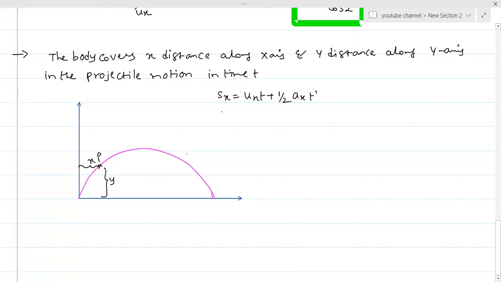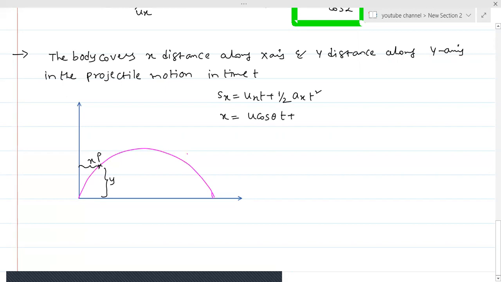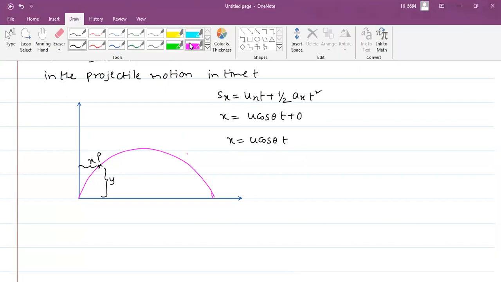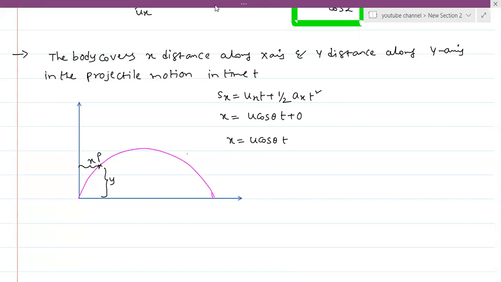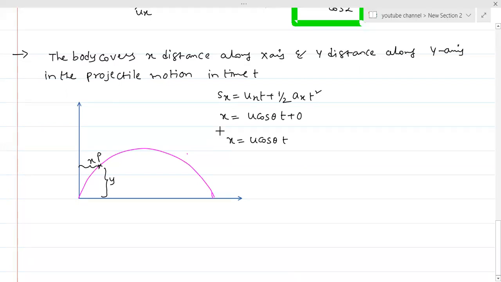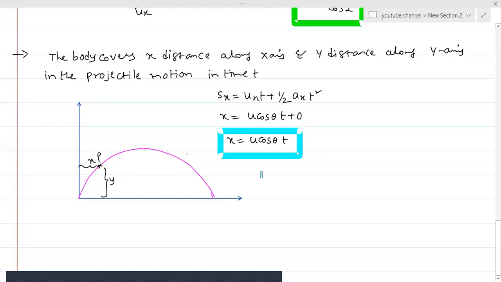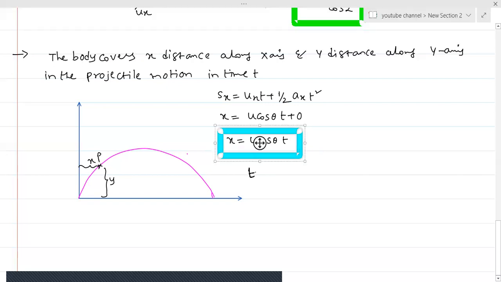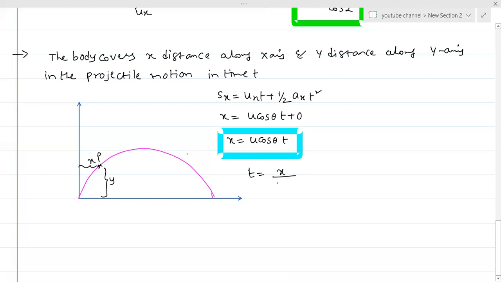The distance covered along the x-axis is x, and ux is u cos theta, and the acceleration is 0. So x is equivalent to u cos theta into t. This is very important, the horizontal displacement, and also we can write t equivalent to x by u cos theta.